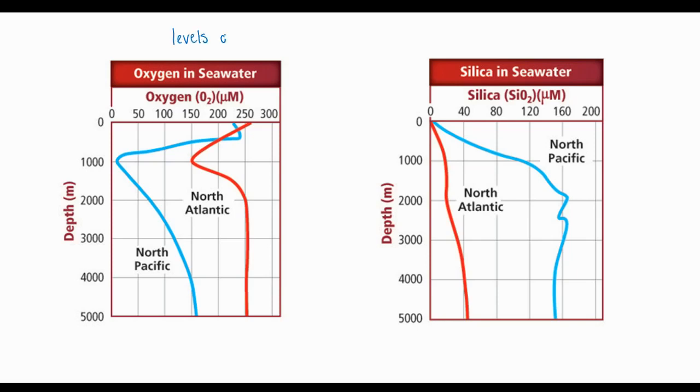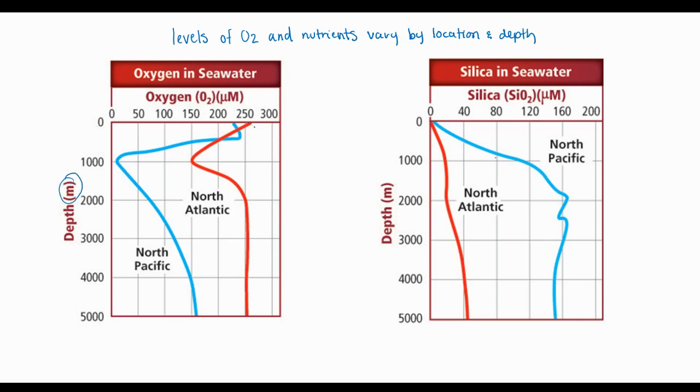On this slide we're going to be looking at oxygen and silica in particular, which vary by location and depth. If we look at these slides, we see the depth in meters on the y-axis.